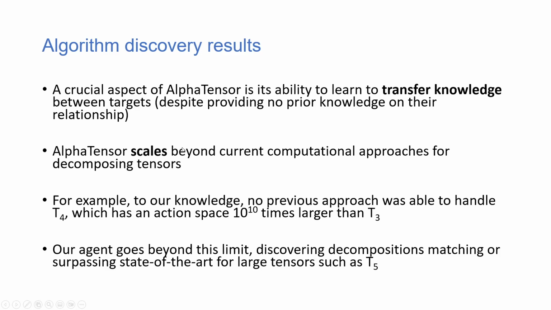A crucial aspect of AlphaTensor is the ability to transfer knowledge. So you optimize for a particular matrix multiplication size, and that knowledge can be used for other matrix multiplication sizes. And I understand that it applies also to hardware targets. For example, if you train it for a TPU, then you want to train it for a GPU, you can transfer the knowledge, but of course you have to do fine-tuning for the GPU.